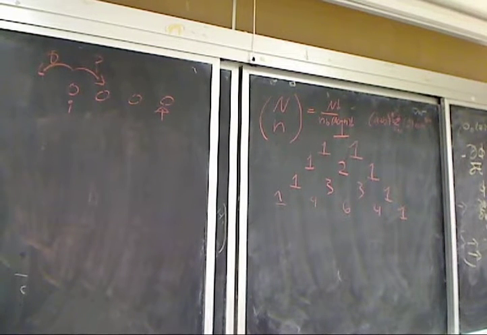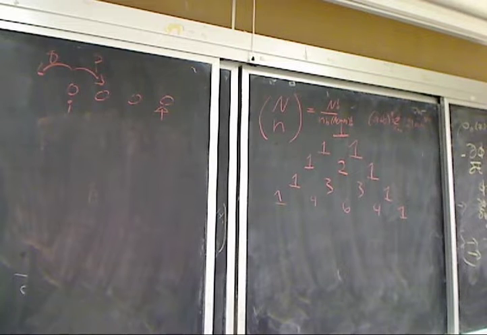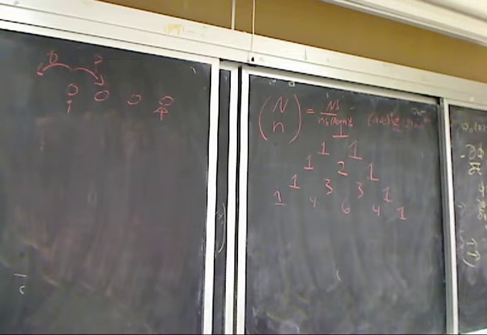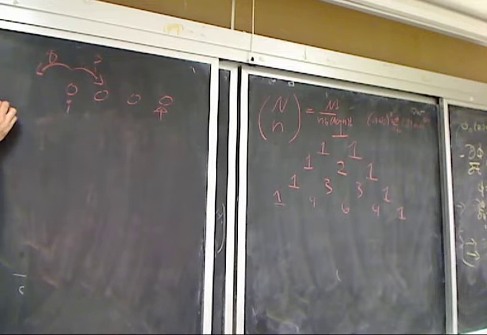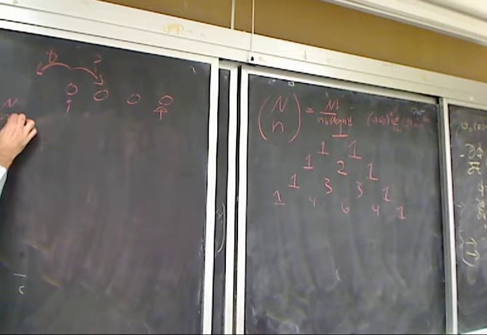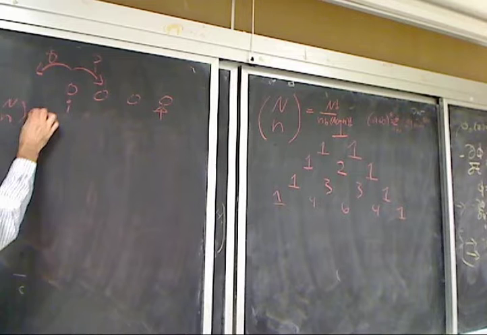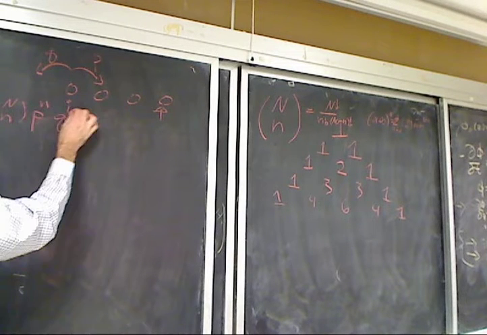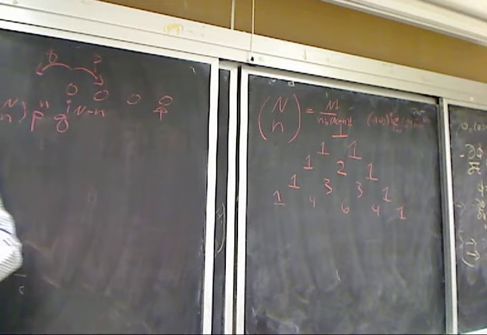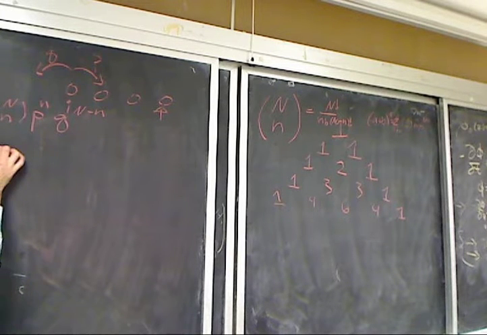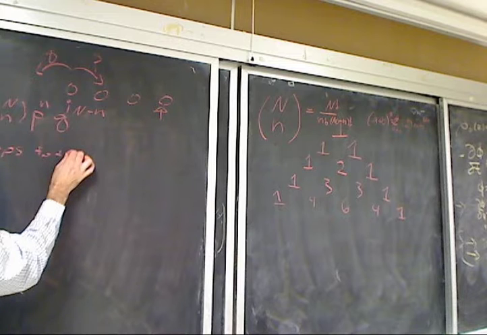So I want to know the probability that I have gone m points after n steps. And this is going to be big N choose little n, p to the little n, q to the big N minus little n, where little n is the number of steps to the right.